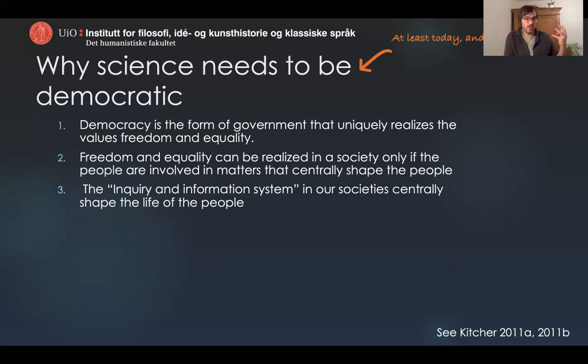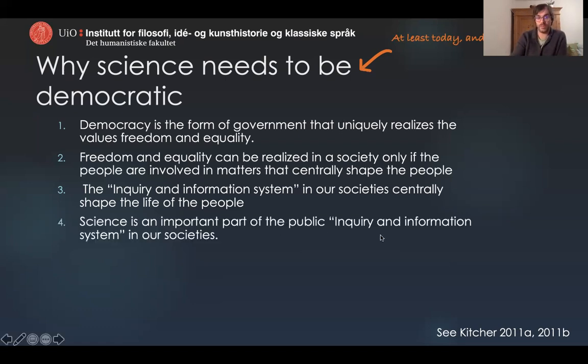Are we going to ban smartphones, use something else? Are we going to fly to Mars? So many things are going to centrally affect us, things that are in this public store of information and exchange of information. And science, as I said, is clearly a central part of this public inquiry and information system that we have.